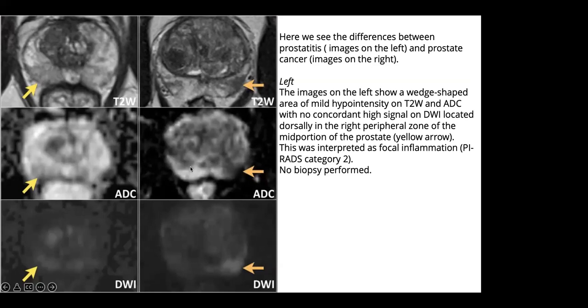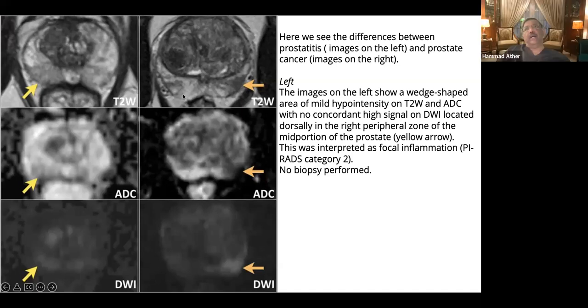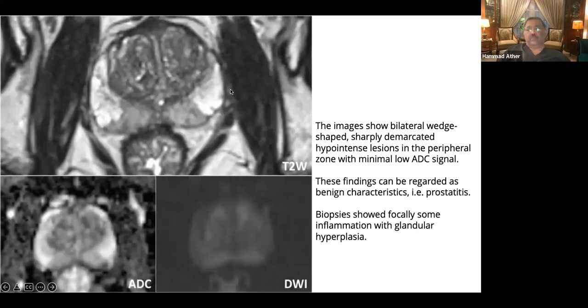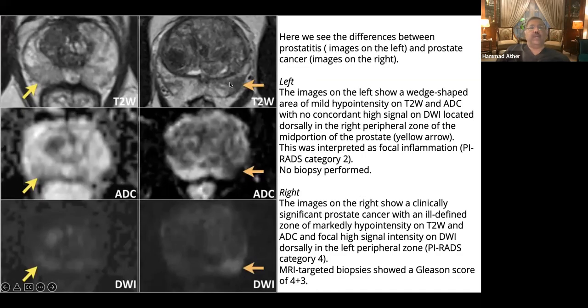Versus the changes of prostate cancer, which have typical features. So again, a very important point that Basit has been making all evening today: you have a lesion identified on T2 weighted image. There are certain characteristics of this lesion which separate cancer versus prostatitis.